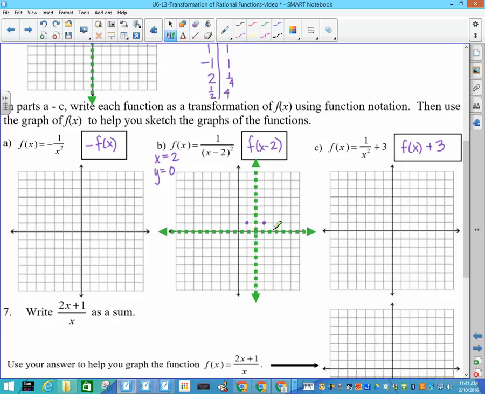And remember, if we went over 2, we were at 1/4 because it was squared, and if we went 1/2, we were up to 4. So there's really no calculating once you know those points, just knowing that this is steeper. But it took that parent function graph and shifted it to the right.